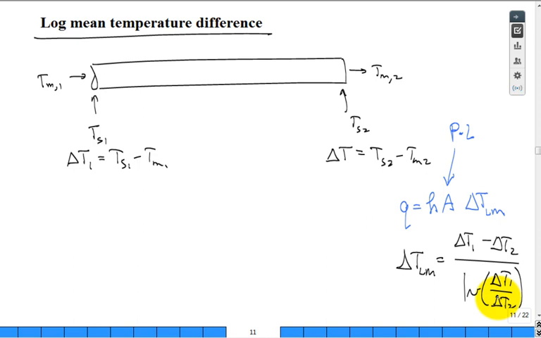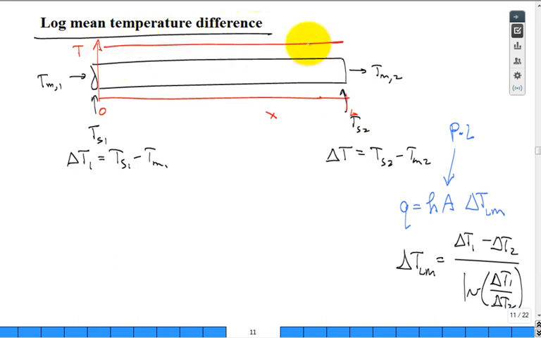All right. How in the world do we derive that log mean temperature difference? Well, you go back and you want to make sure and see why you need it. If I plotted temperature as a function of x going from 0 entrance to L exit, and I had my surface temperature high, and let's say that's uniform.